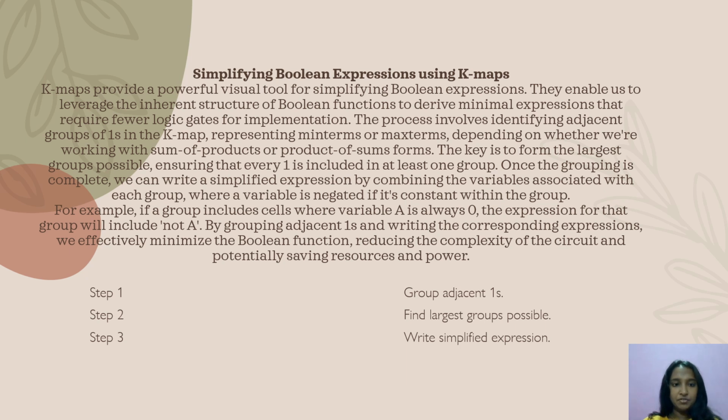For example, if a group includes cells where variable A is always 0, the expression for that group will include NOT A. By grouping adjacent ones and writing the corresponding expressions, we effectively minimize the Boolean functions, reducing the complexity of the circuit and potentially saving resources and power.